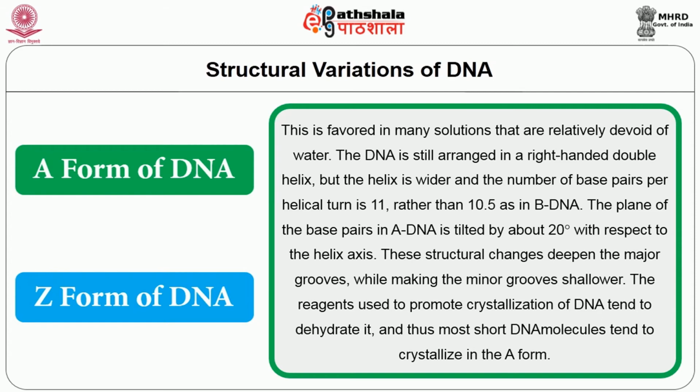The plane of the base pairs in A-DNA is tilted by about 20 degrees with respect to the helix axis. These structural changes deepen the major grooves while making the minor grooves shallower. The reagents used to promote crystallization of DNA tend to dehydrate the DNA, and thus most short DNA molecules tend to crystallize in the A form.